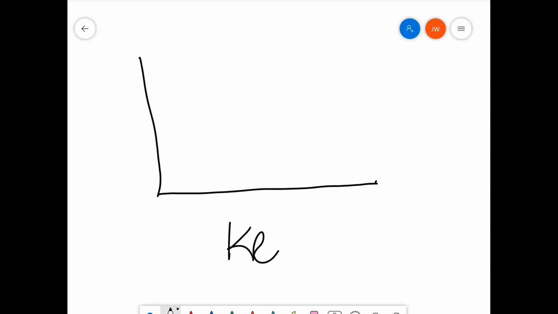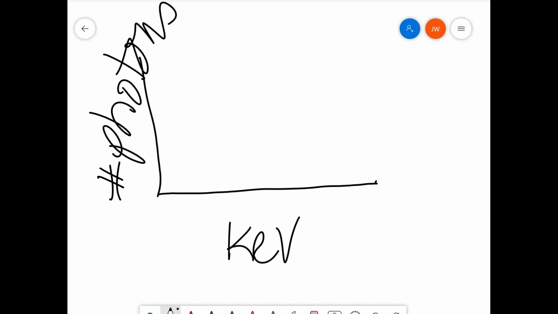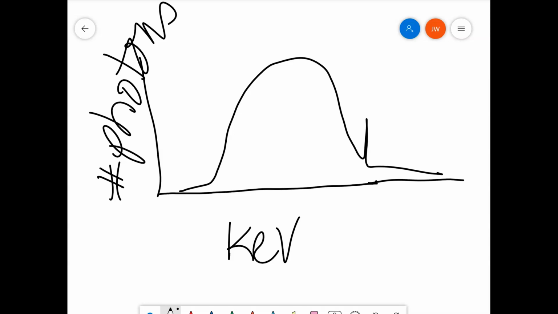Okay, so let's take a look at the emission spectrum. If we have the KeV on the x-axis and the number of photons on the y-axis, our emission spectrum is going to look like this, or I'm sure it looks much better in the book.